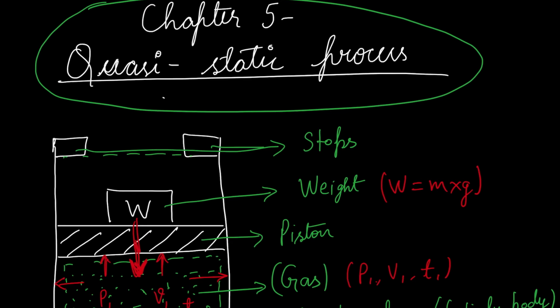It is applying a pressure of P1 on the surface of the cylinder and on the surface of the piston. But since we have a weight W on the top surface of the piston, this W weight is not allowing the piston to move up. Now why I drew this is to explain to you the quasi-static process. Through this diagram, we will try to understand what the quasi-static process is.